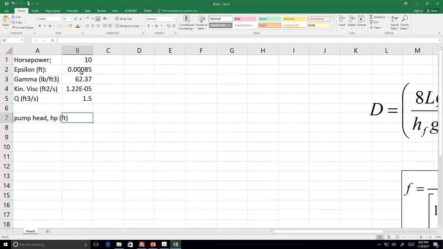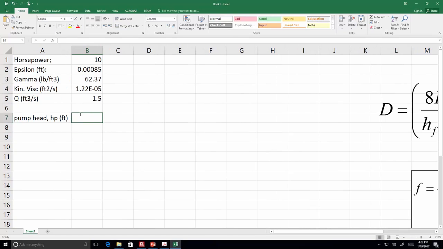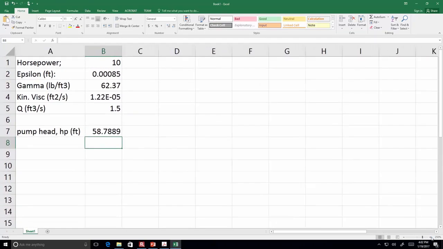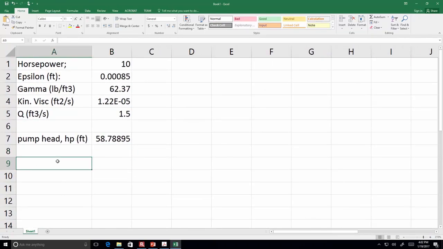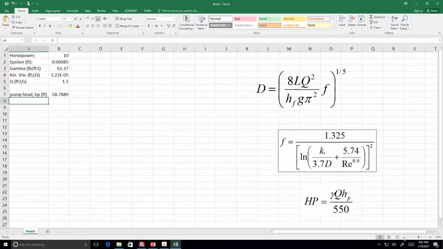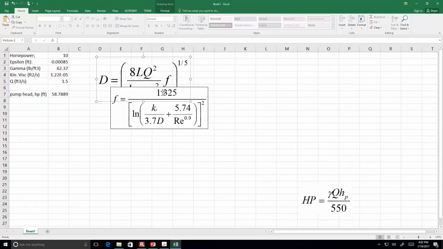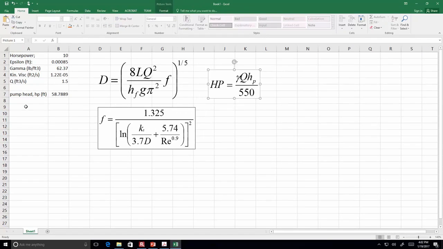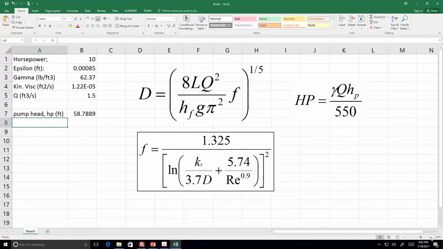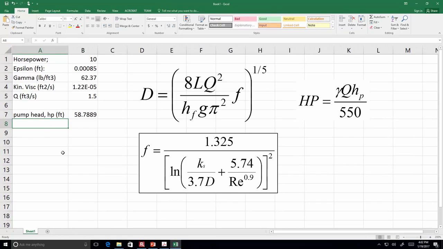So that equals 550 times horsepower divided by the unit weight divided by the flow rate Q. Okay. Now the length of the pipe is 800 feet.